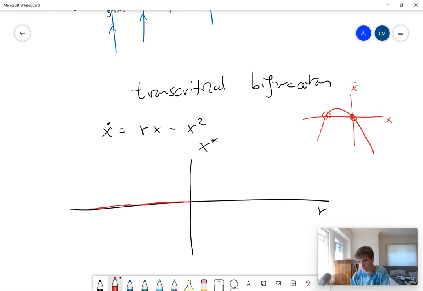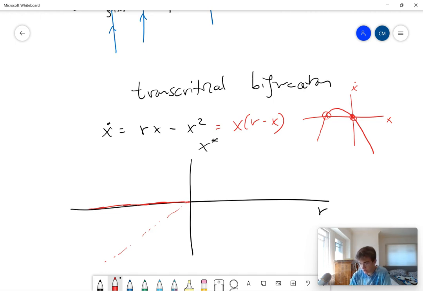And then it turns out that this non-trivial root is undergoing a linear shift as a function of r, because remember how I factored this out, like so. And so the non-trivial root, which is negative, is unstable here, and it's linearly changing with respect to r.